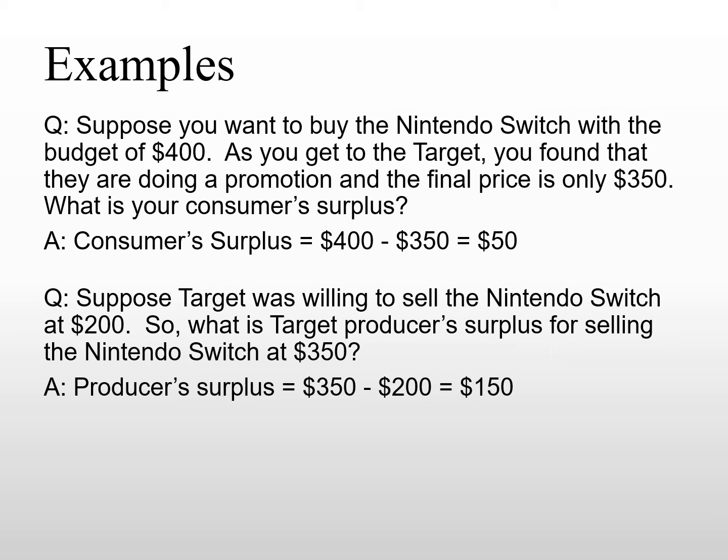And as you can see, in this single transaction, both the consumer and the producer earn additional benefits. Remember, in Chapter 2, we talked about how we can always gain from trading. And this is a perfect example to demonstrate that.